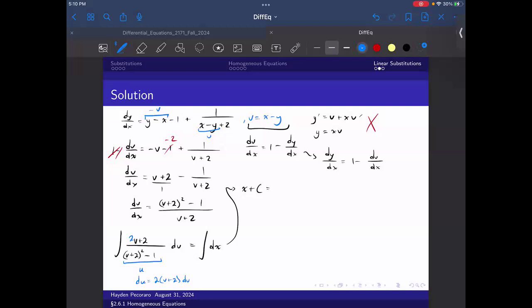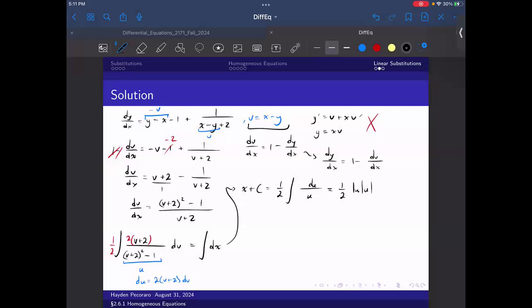So if I then insert a 2 right there and compensate for it with a 1/2 out front, then we get 1/2 the antiderivative of du over u, because I chose the entire denominator as u, and that's 1/2 log absolute value of u.